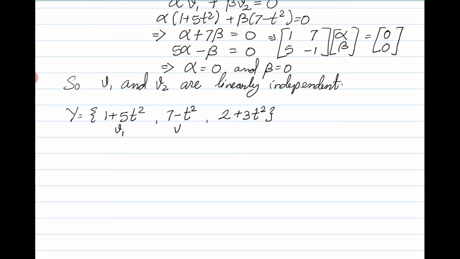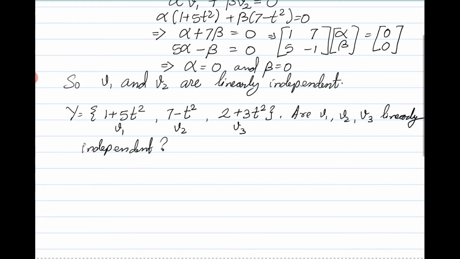The vectors v1, v2 and v3. Is this set of vectors a linearly independent set? Are v1, v2, v3 linearly independent?